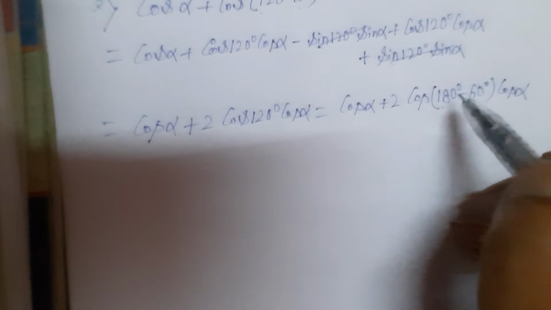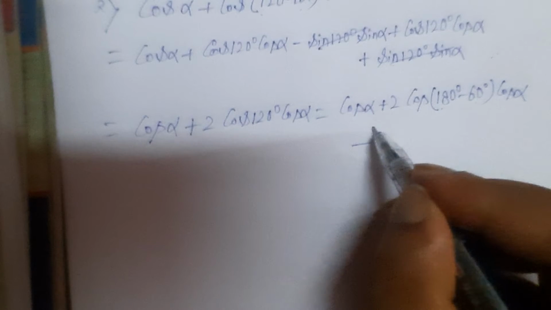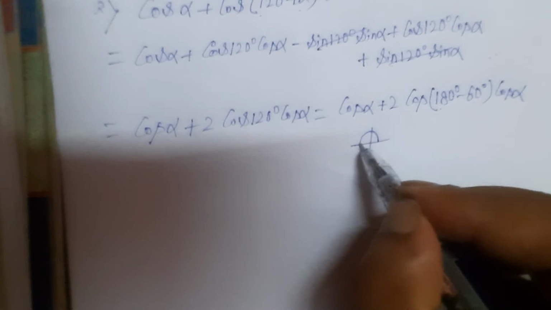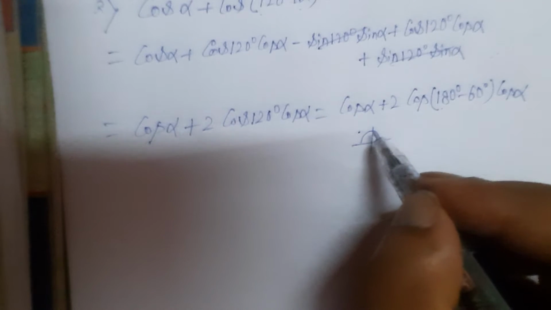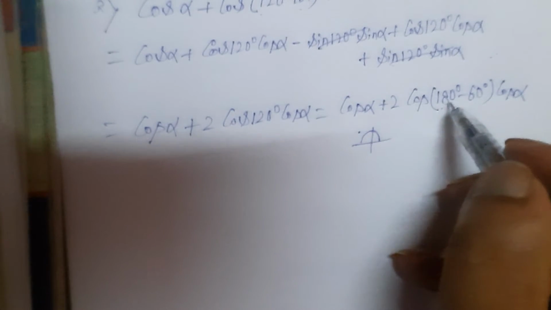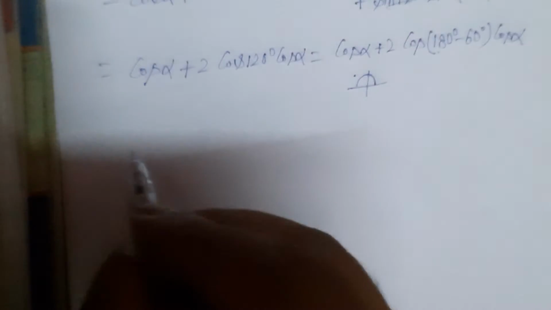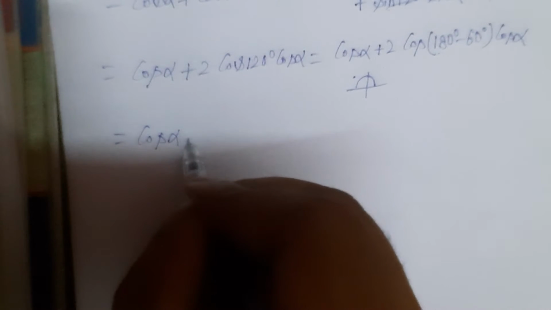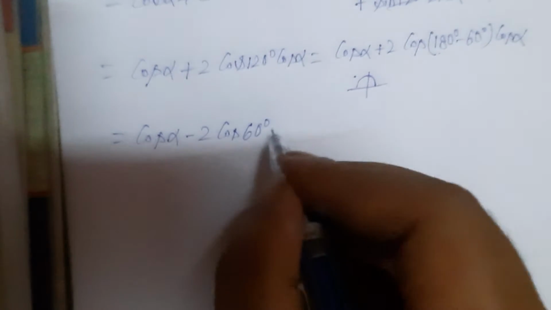Look at the quadrant. 180 minus 60 lies in the second quadrant, so the answer will be negative. So instead of writing this, I can write cos alpha minus 2 cos 60 cos alpha.